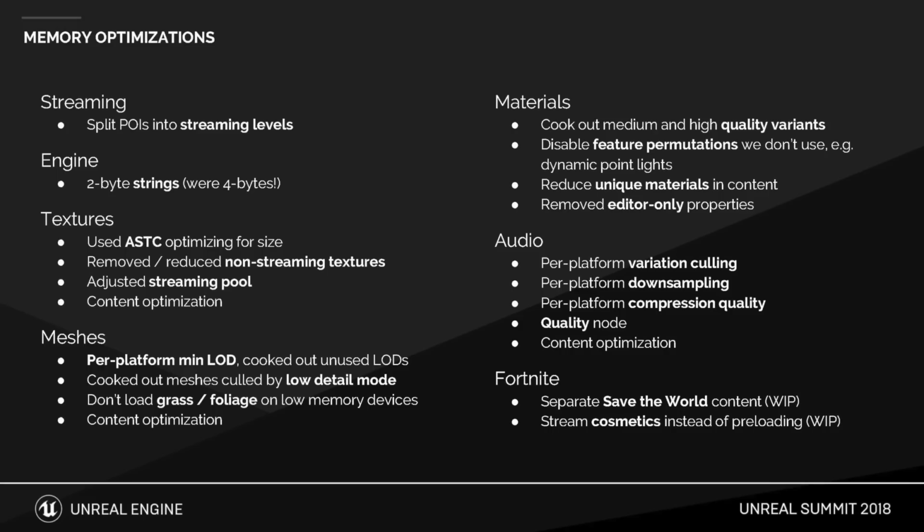And so at cook time, we can now exclude that data and not use it at all. We also have a bunch of meshes that are tagged as being high detail, so some very non-gameplay important extra clutter meshes. If they're tagged by low detail mode, then we can remove them from mobile at cooking time as well.